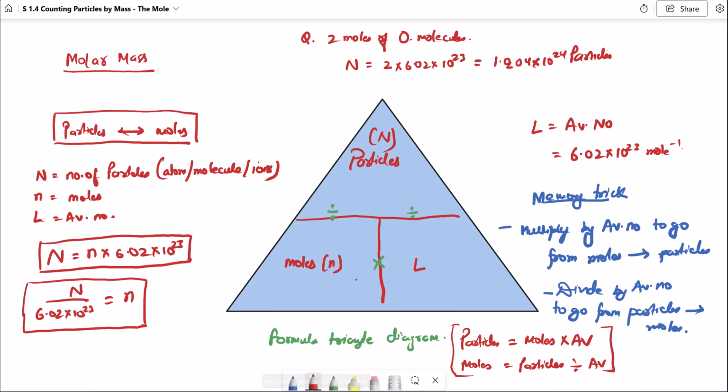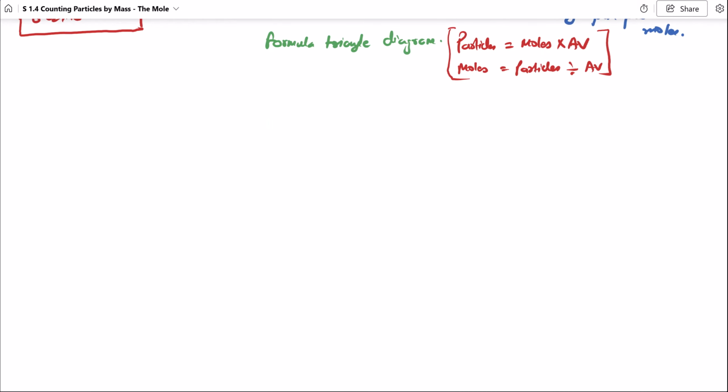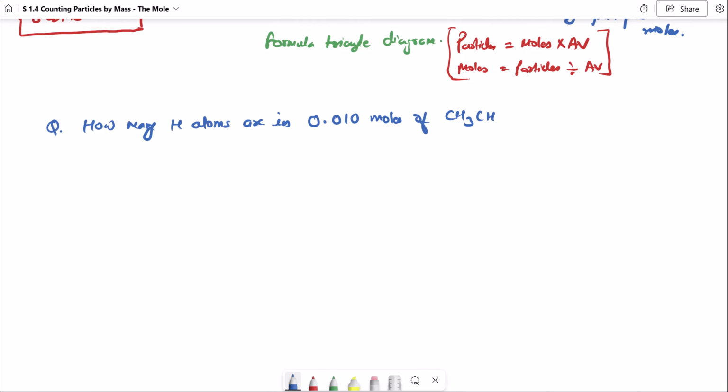So let me come to another question. How many hydrogen atoms are in 0.010 moles of CH3CHO?